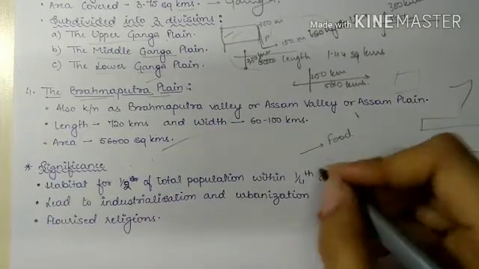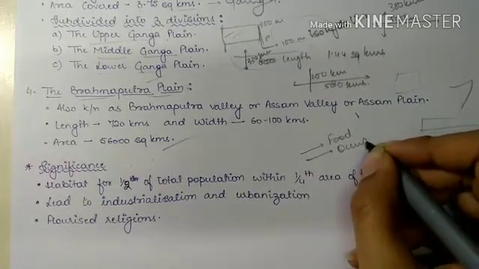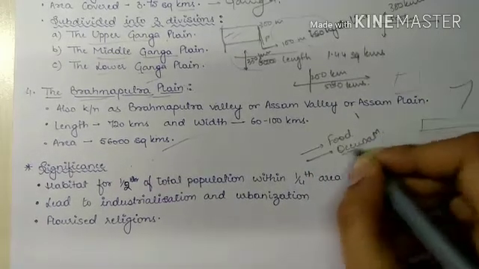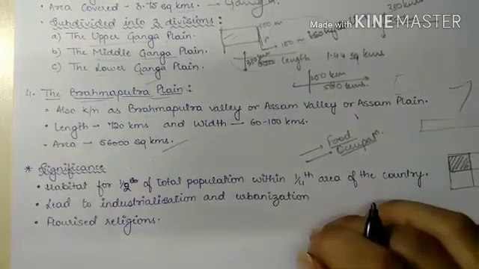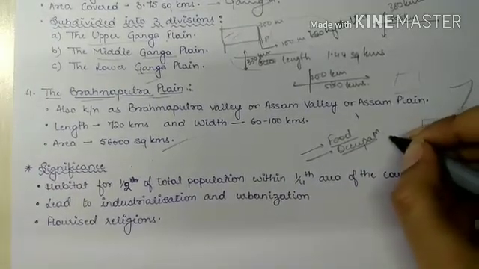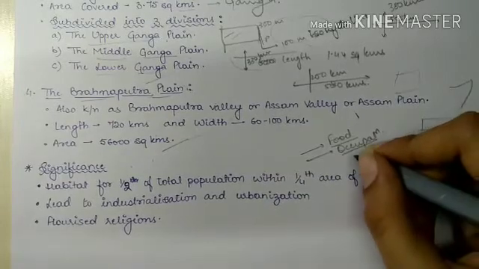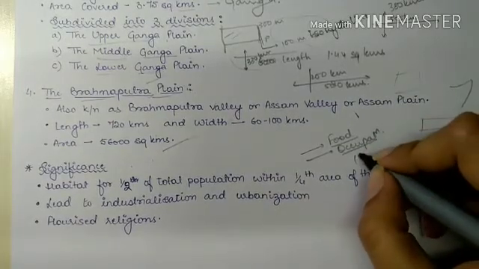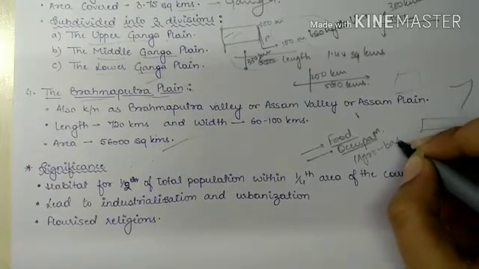Then we have occupation. This area has great occupation because we have a good amount of raw material which can be produced by agriculture. So we have many agro-based industries established here.